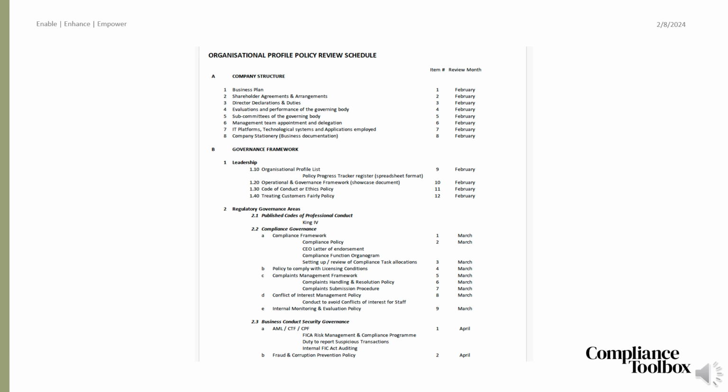FSBs in the review and maintenance phase will still need to consult the monthly guidance notes to be informed of any recommended additions, replacements, changes, or enhancements impacting governance policies, in light of the looming promulgation of the Conduct of Financial Institutions Bill. We'd like to encourage FSBs to conclude implementation of all their policies by the end of November, regardless of their current progress.